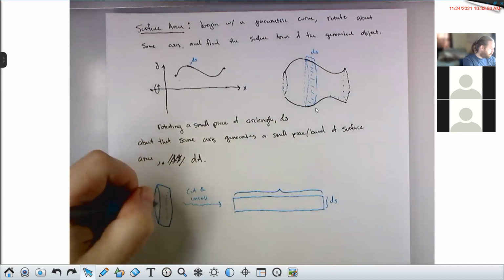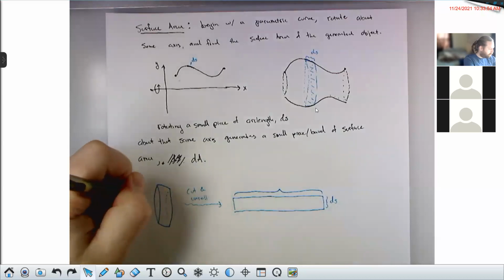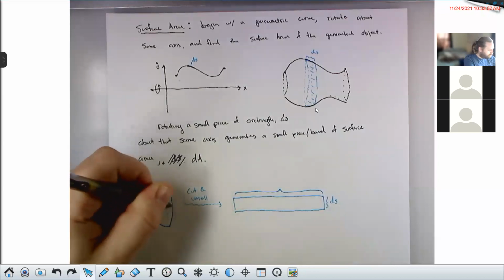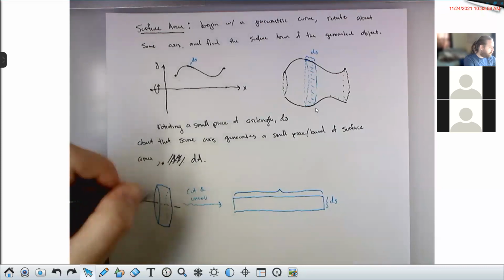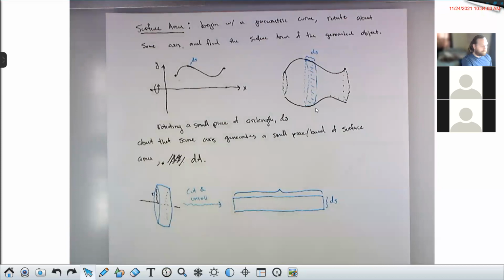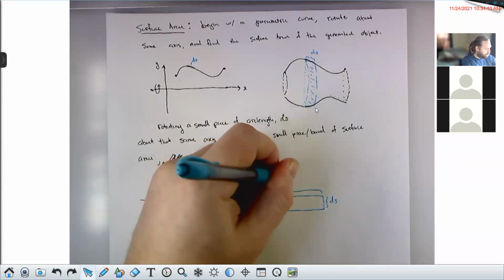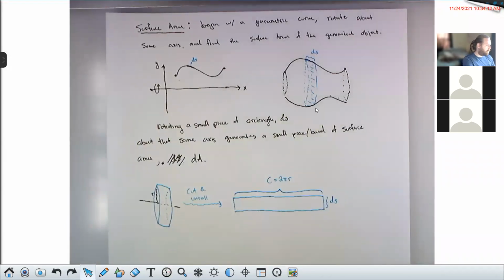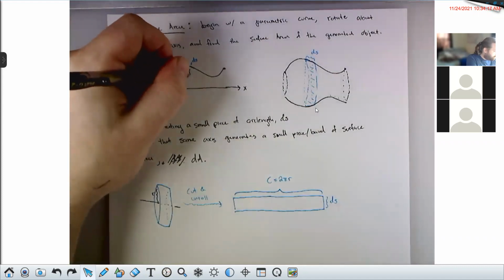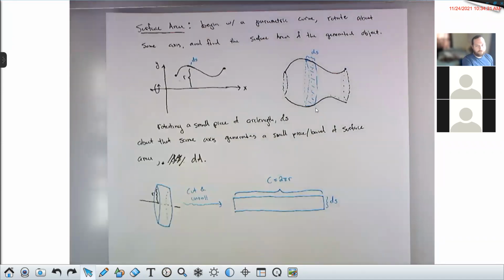If I think of the axis of rotation poking through here, and I think of this little radius here, then this is the circumference, which is 2 pi times the radius. And in the picture here, this distance is that same radius.